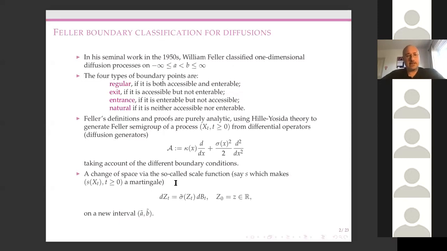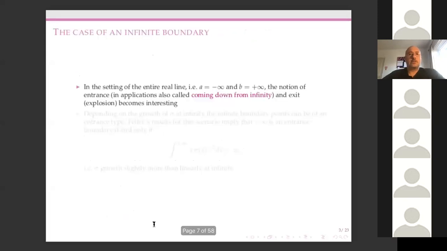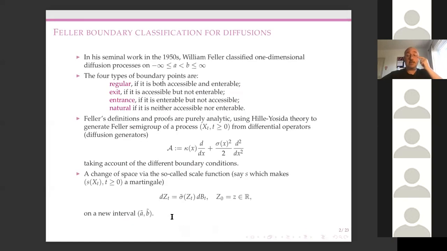There's a natural harmonic function associated with this operator, and if you load the diffusion into that harmonic function, you get a local martingale. Under that transformation, the boundaries transform to another A and another B, so we're asking the same question for this SDE on a different interval. So it suffices to look at this simple SDE here.